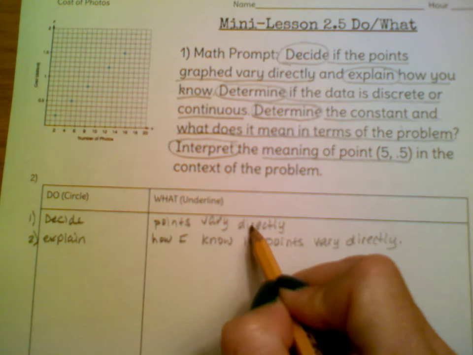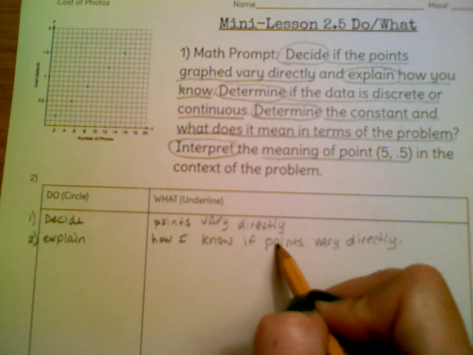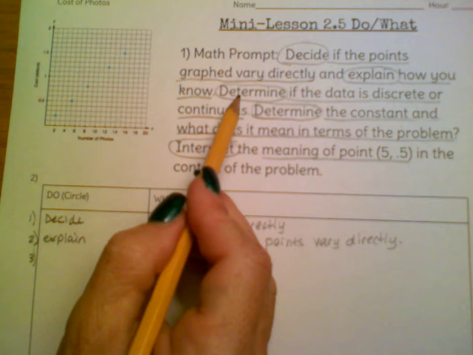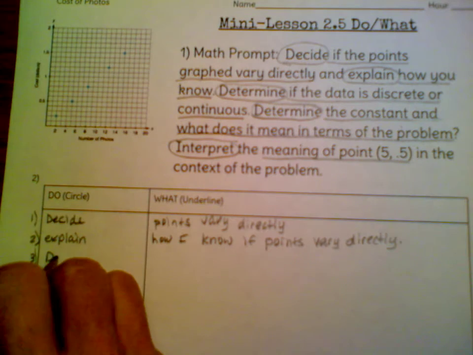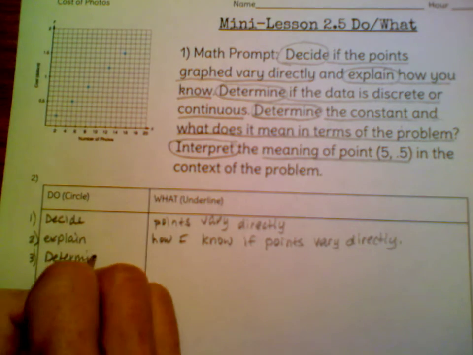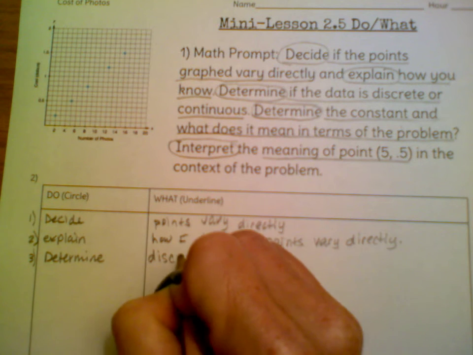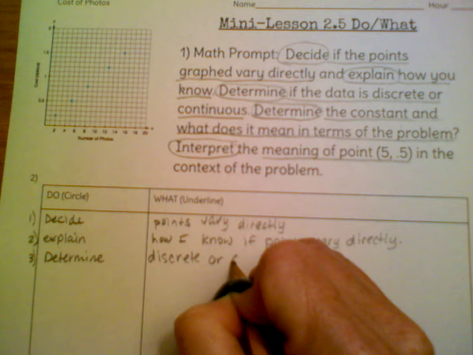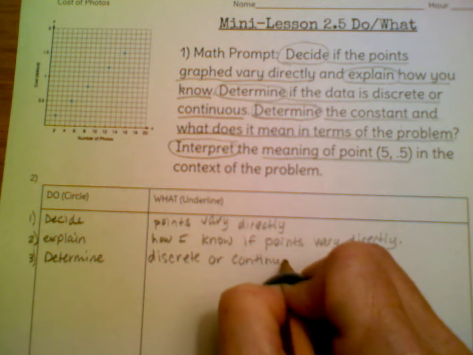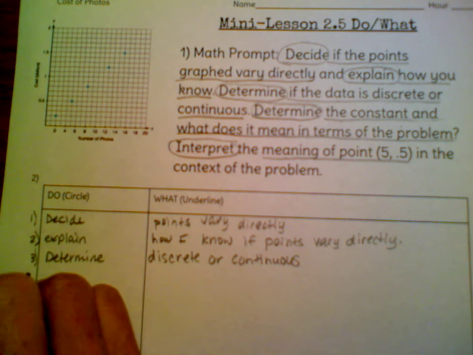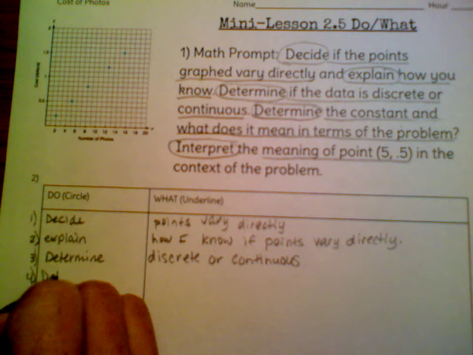So this is just a yes, no. This is how do I know that? 3 tells me to determine if it's discrete or continuous. Determining discrete or continuous. And then I'm going to determine the constant. So that's the 4th thing I need to do.